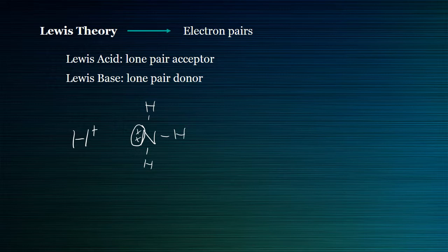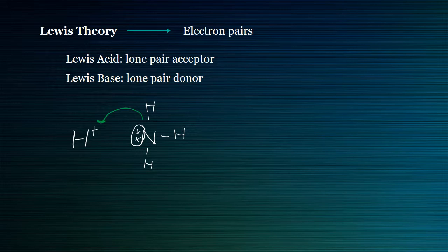The base has to have a lone pair in order to take a proton. So the only difference is that Lewis is not looking at proton movement, he's looking at electrons. And so the base is the electron pair donor and is going to donate its electron pair to the proton.